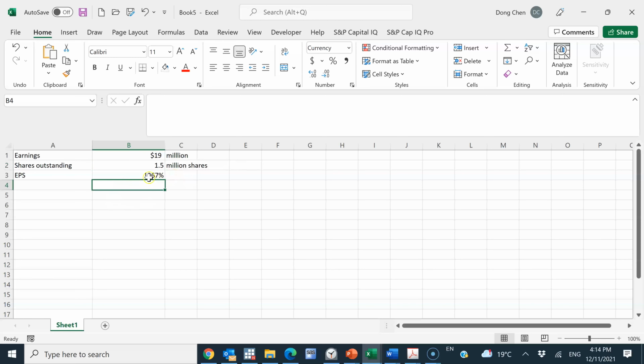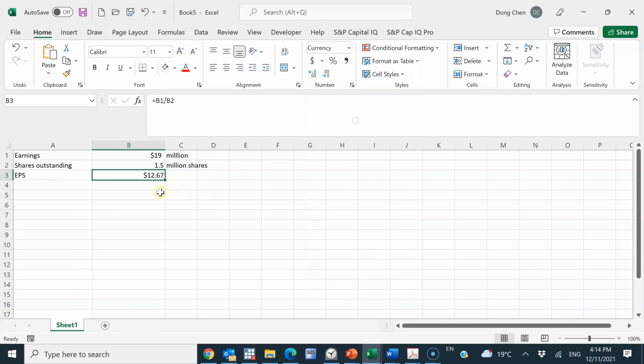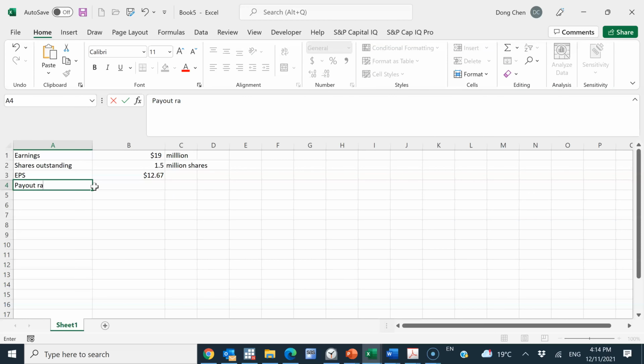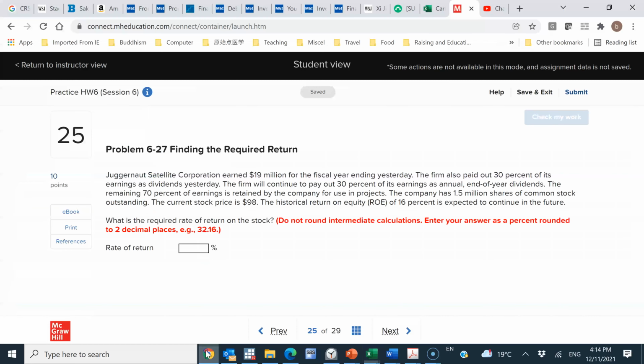So this earnings per share, I do want this to be in currency, and this is basically on a per share basis, and payout ratio is given to be 30%. Right, so from that, we can determine the D0, which is the current dividend per share, which will be earnings per share times the dividend payout ratio.